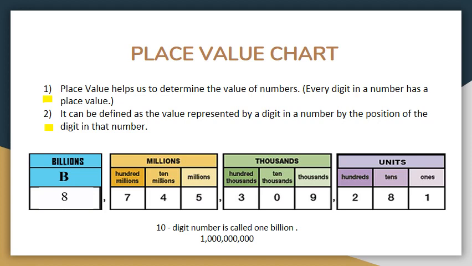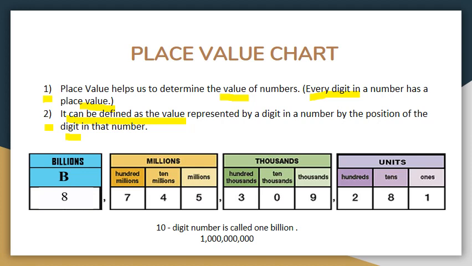The first one is place value helps us to determine the values of a number, because every digit in a number has a place value. In the second definition, we can say that it is defined as the value represented by a digit in a number by the position of the digit in that number.